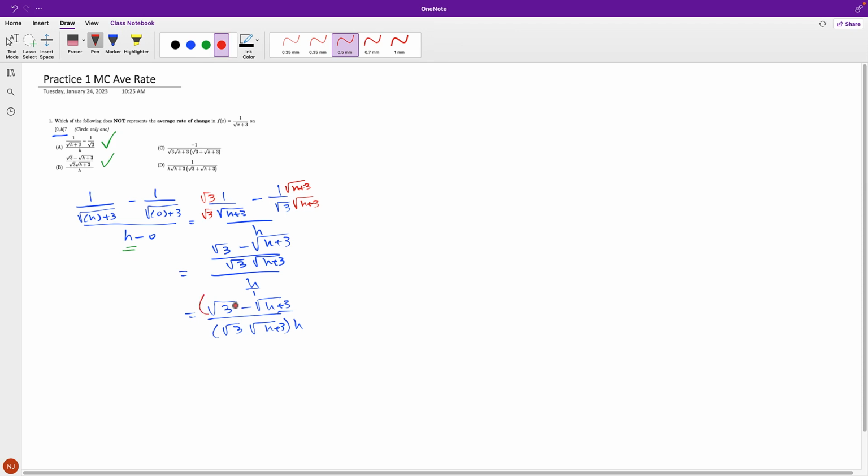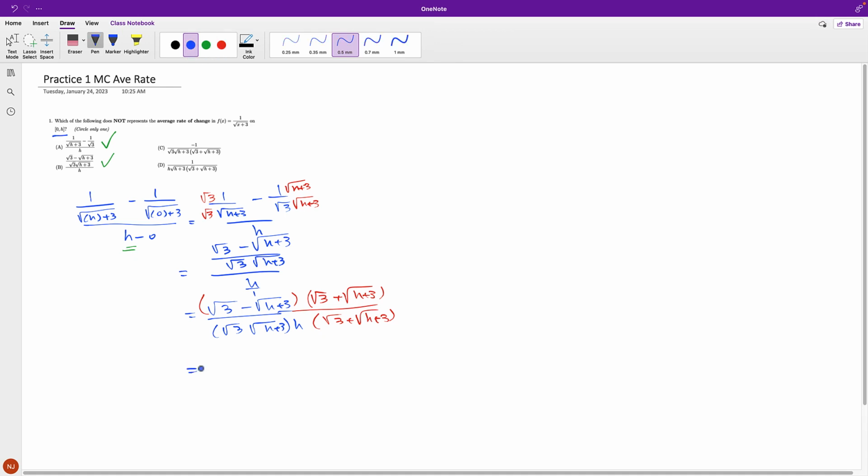Don't forget your parentheses, because I see that this term is disappearing in these two. And so square root of 3 plus square root of h plus 3, and then square root of 3 plus square root of h plus 3, because if I'm multiplying the top, I have to multiply the bottom.